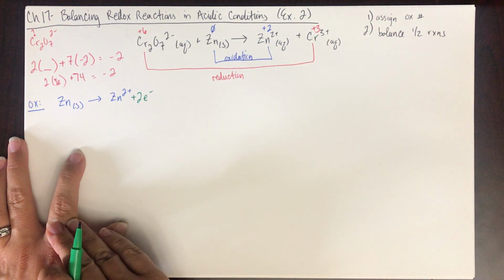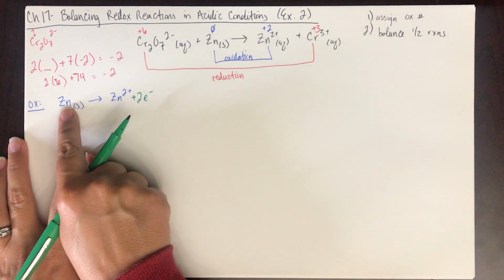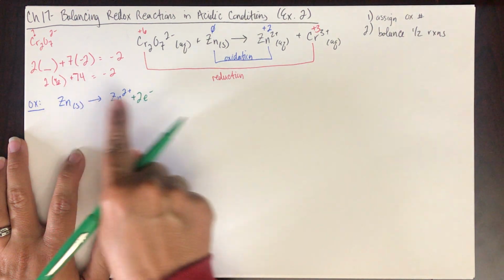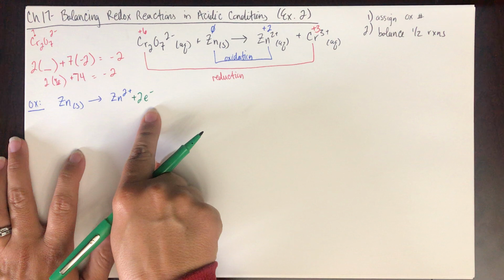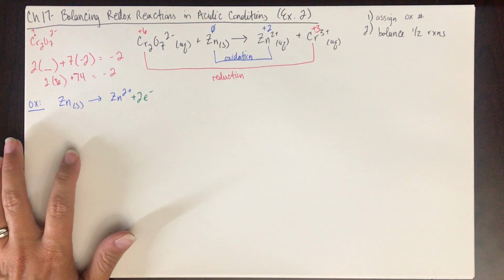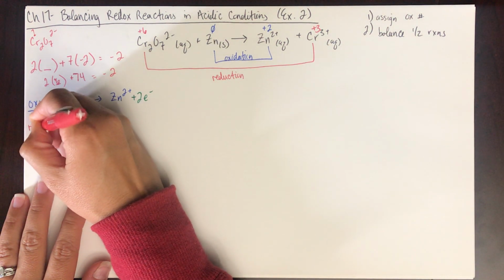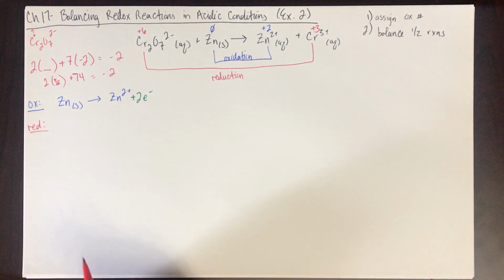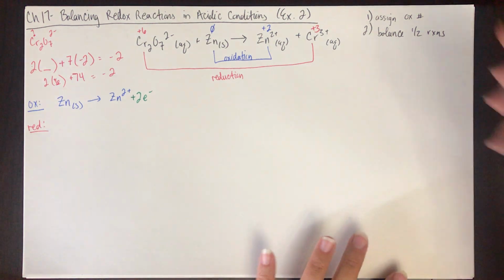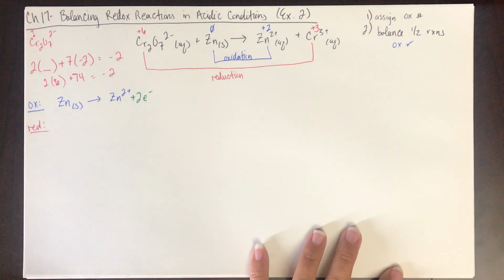I'm balancing the charge. This side has a charge of 0, and now this side has a charge of 0. So now this is balanced. Now let's move on to the reduction half reaction. The oxidation half reaction is balanced.